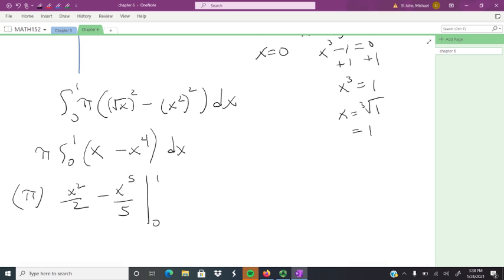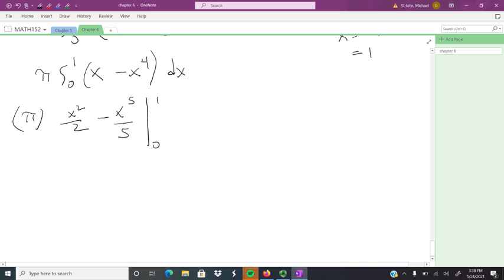And so we could then plug this in. So this will be pi, this is going to be 1, so this is going to be 1 squared, which is 1, so it'll be 1/2 minus 1/5. And then if I plug in the 0, well, this is going to be 0 squared, which would be 0 over 2 minus 0 over 5.